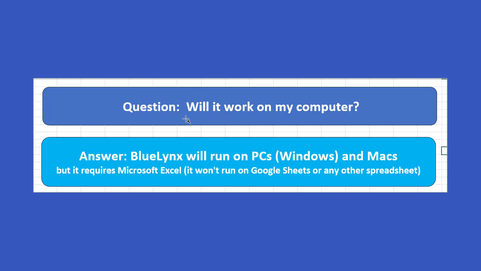I also put in here that BlueLynx, because of that, requires Microsoft Excel, and I'll say a full version. I don't believe the tablet version of Excel will run the spreadsheet. It might load it, and you might see something. It'll have the tabs, but it won't have the programming behind it.